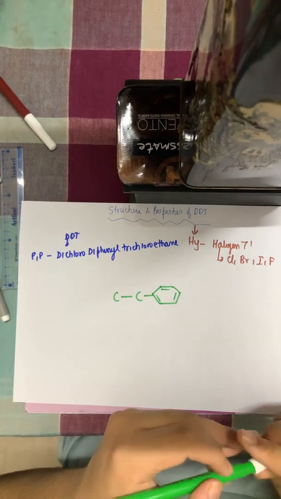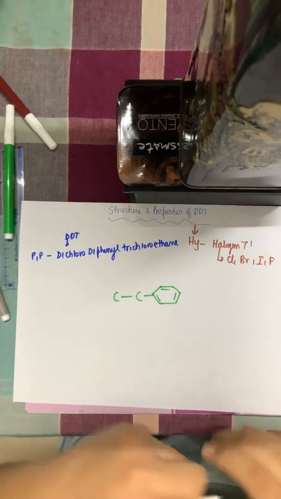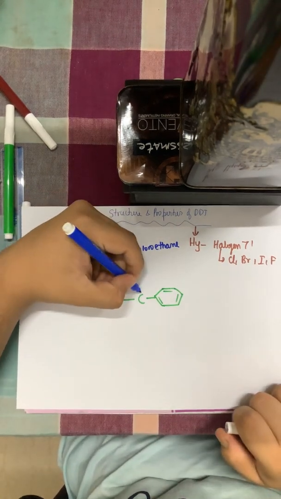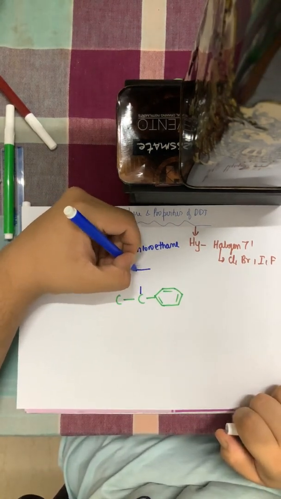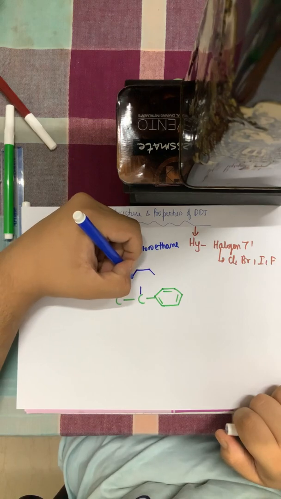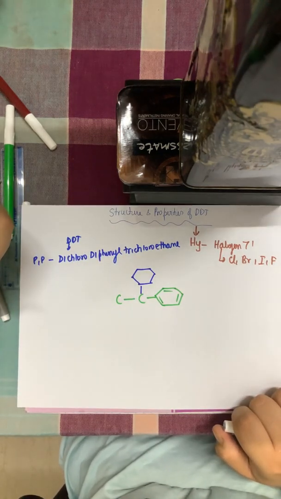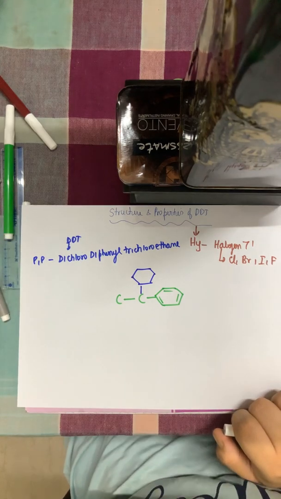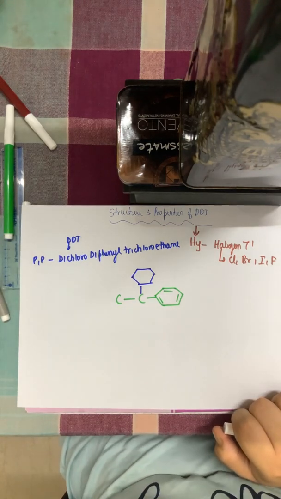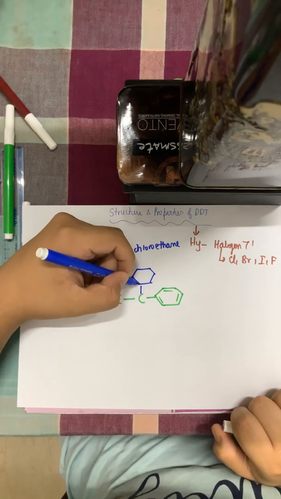And in the same manner, on the same carbon, I have another benzene ring. The benzene ring we can draw horizontally also, vertically also. The place where it attaches is carbon number 1.